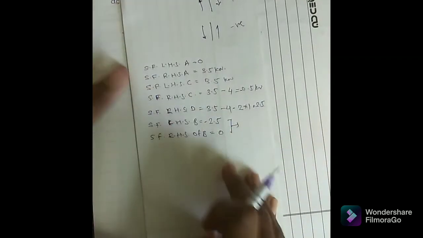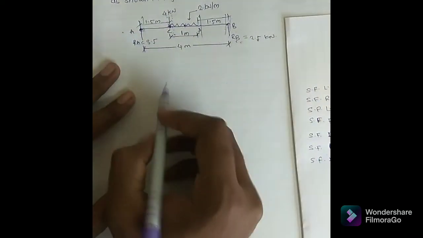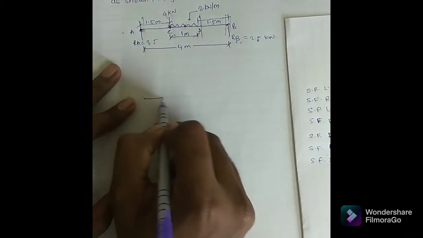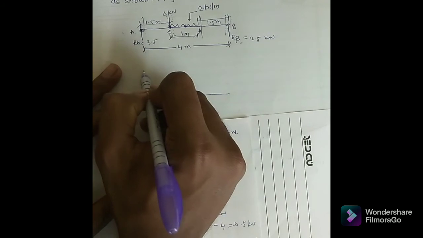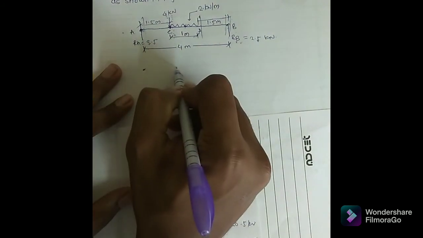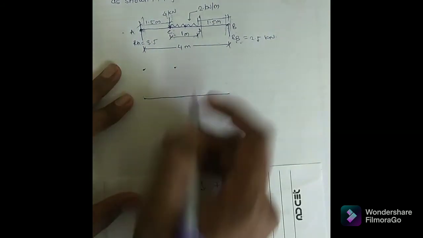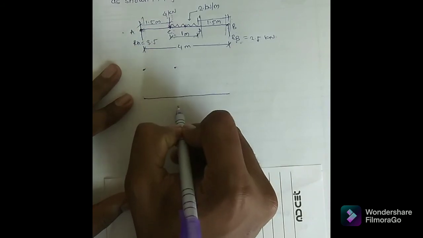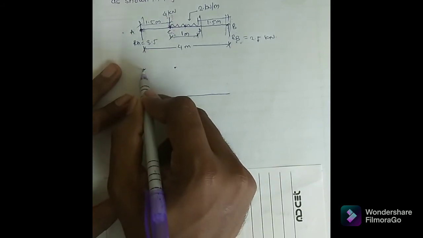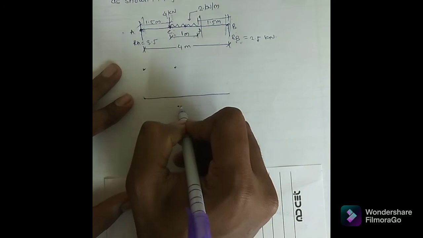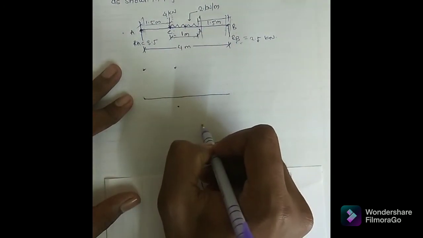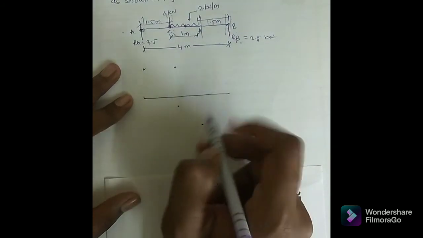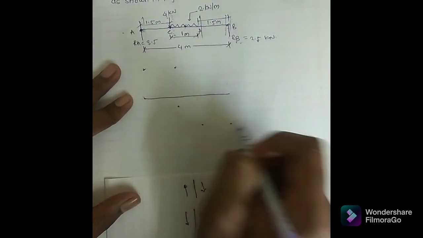so you can draw the shear force diagram. So I will draw exactly here. Here it is 3.5, here it is 3.5, then we have two values here, 0 and 3.5, here 3.5 and 0.5, then here we have 2.5 negative, the 0.5 is also negative, here 2.5 negative, here 2.5 negative.